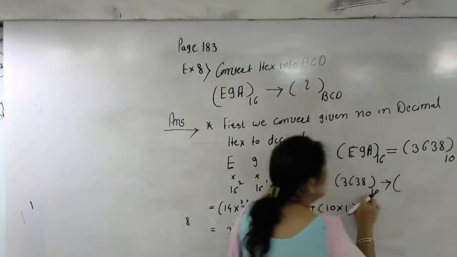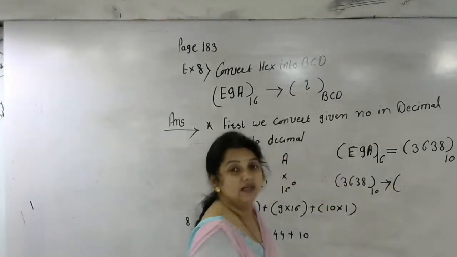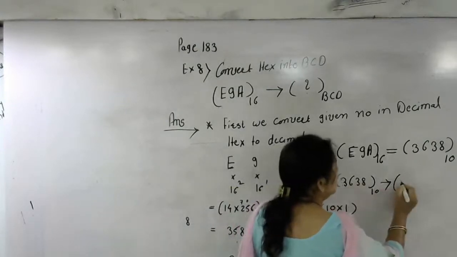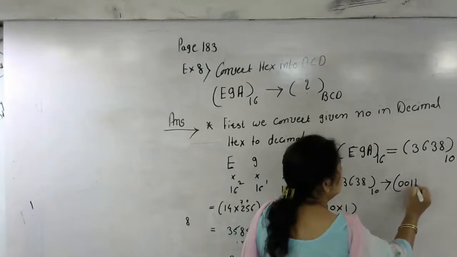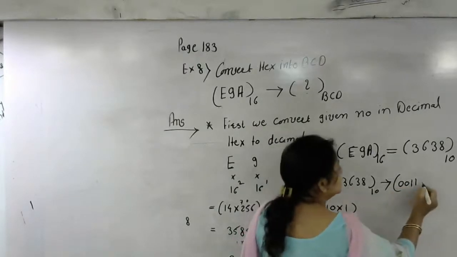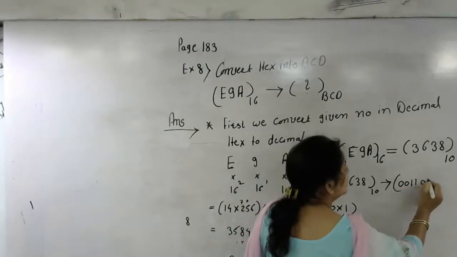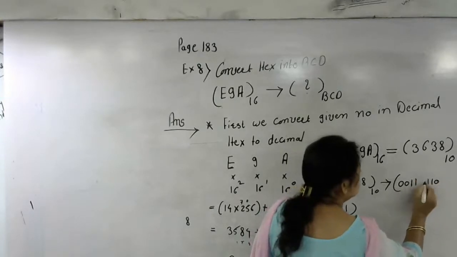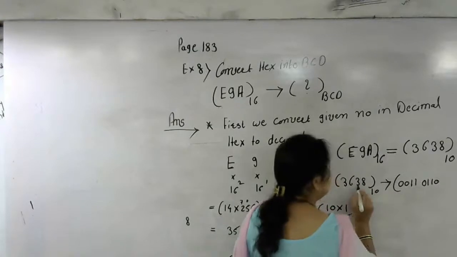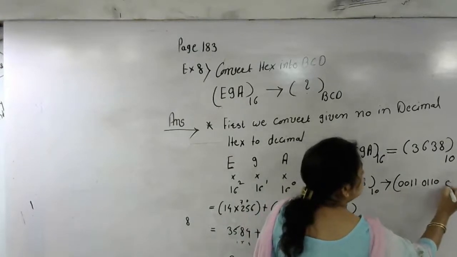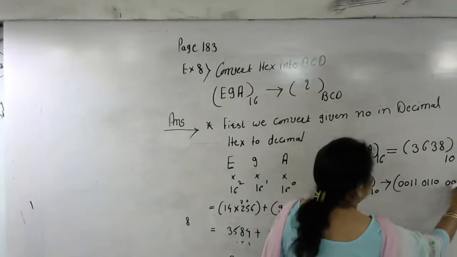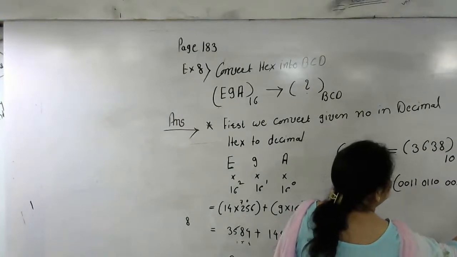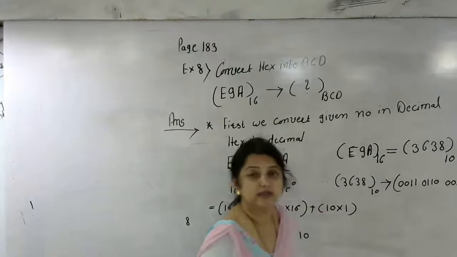We know decimal to BCD conversion. For number 3 we write 0011. For number 6 we write 0110. Make a small gap here. Then for 3 write 0011, and for 8 write 1000. Here we write BCD.